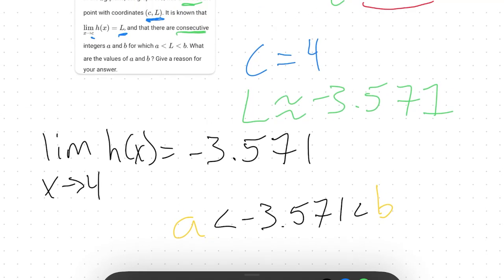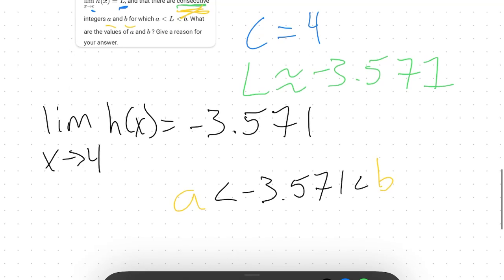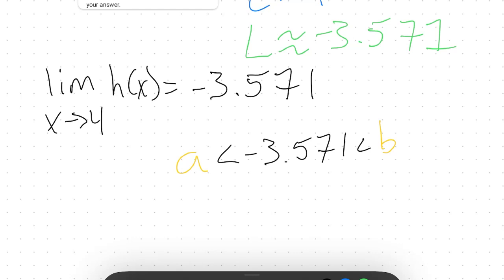What do a and b have to be? There are consecutive integers a and b for which this statement is true. How is this statement true? What values of a can I put, consecutive whole numbers? Hopefully you can see, what's a number less than negative 3.571?